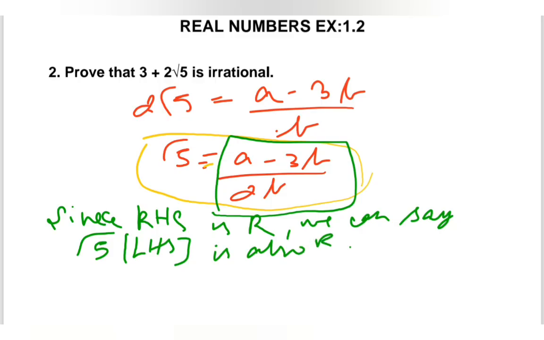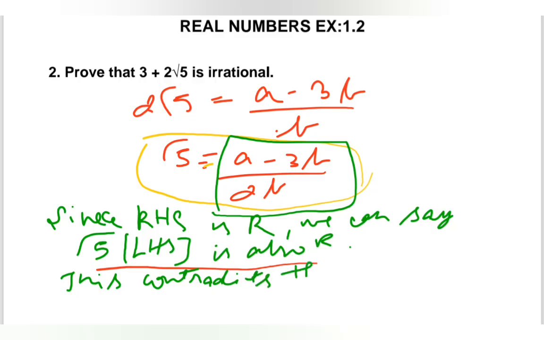But this contradicts the given statement that root 5 is irrational. We have proven that root 5 is irrational, but here we are saying that root 5 is rational. This is a contradictory statement. So now we are concluding this sum. This contradicts that root 5 is irrational.